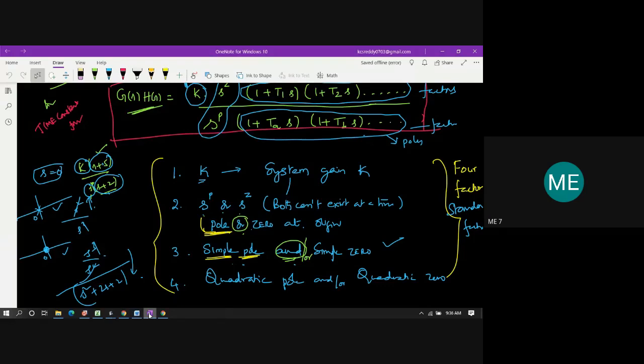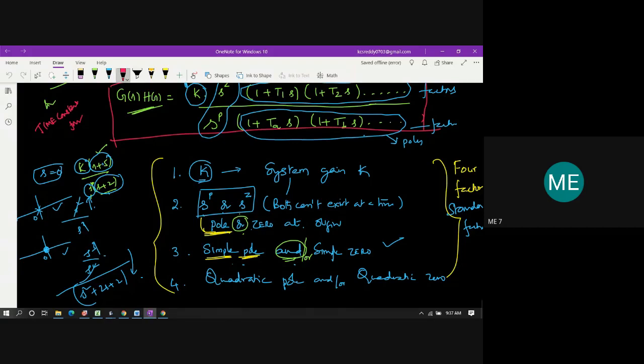So yesterday we discussed the factors used in any open loop transfer function. Four factors we discussed. One is the system gain K. Then the poles or zeros at origin.